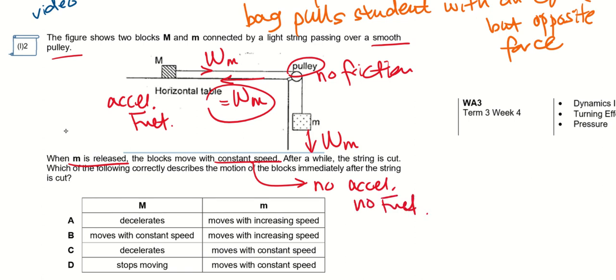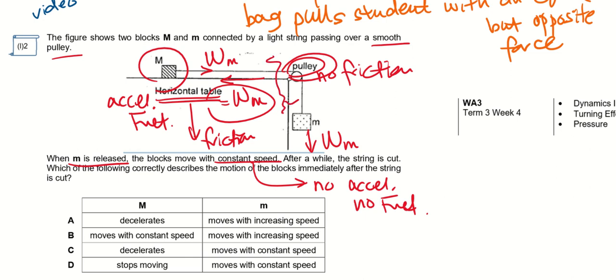So for this big block capital letter M, there must be frictional force on the horizontal table. Although the pulley has no friction, on the table there is friction. Which of the following correctly describes the motion of the blocks immediately after the string is cut? Let's say the string is cut over here.